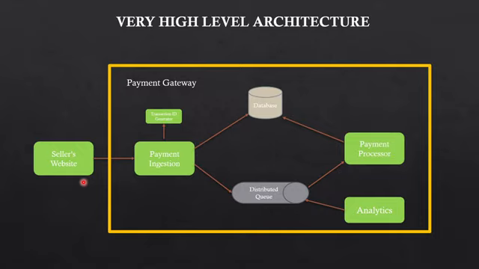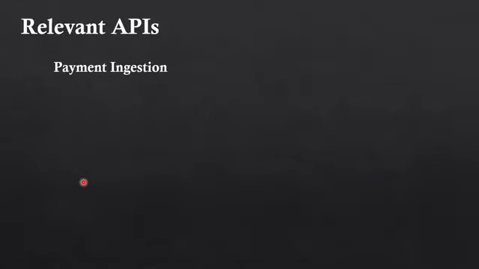So next, look at the relevant APIs that are present. For payment ingestion, the first API will be to get the form for card payment. If the seller website is PCI DSS compliant, in that case they will send a request to the payment gateway and say that I want the details.